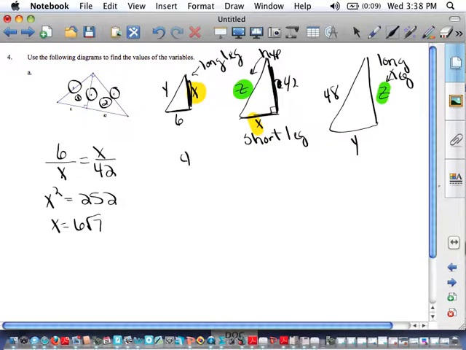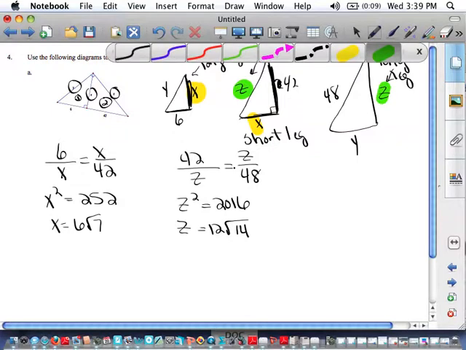So the long leg 42 is to the long leg z, as the hypotenuse z is to the hypotenuse 48. Cross multiply, and you're going to get z squared is equal to 2016. Simplified radical form, z is equal to 12 square root of 14.